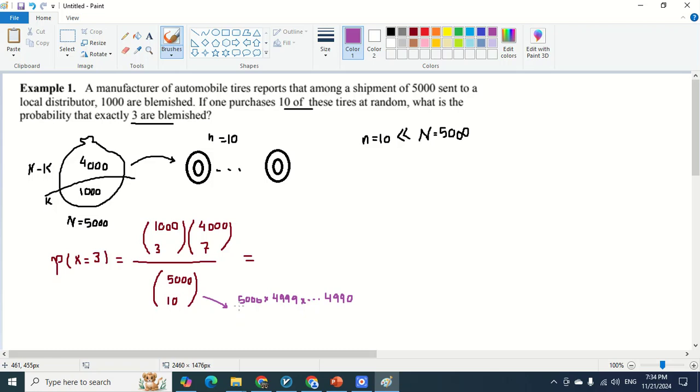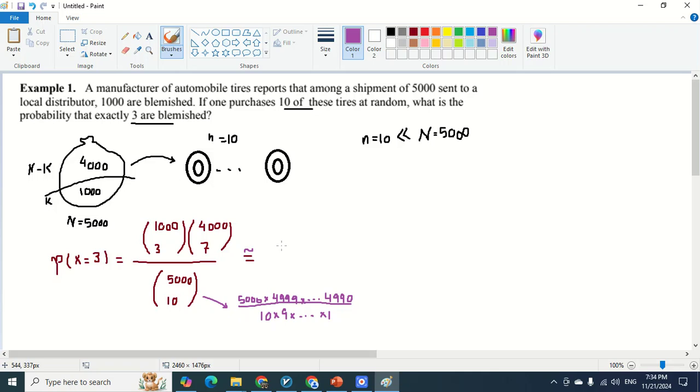And we should divide that value by 10 factorial, meaning 10 times 9 times 8 times 7 up to 1. As you can see, this number is too big, and calculating this value is not easy. It's impractical. Instead of calculating that one, we try to approximate this value by the binomial distribution.